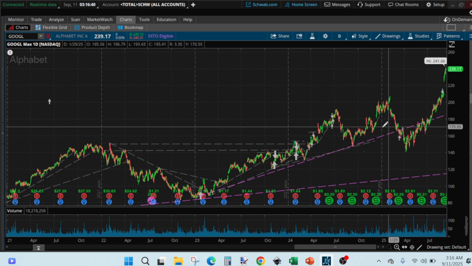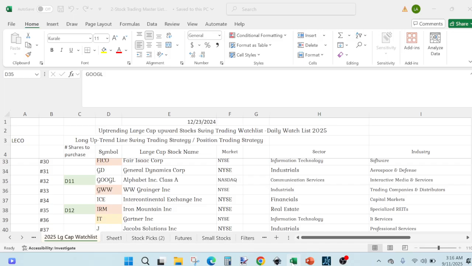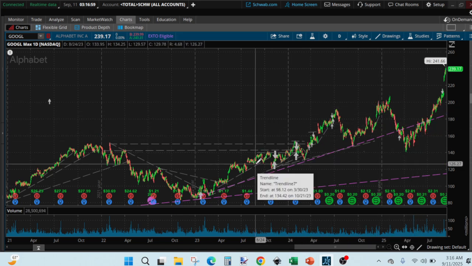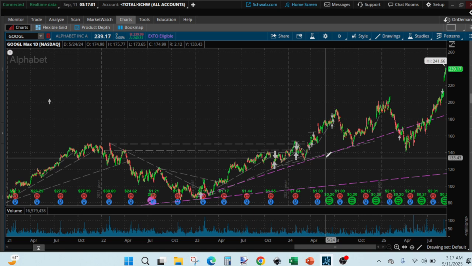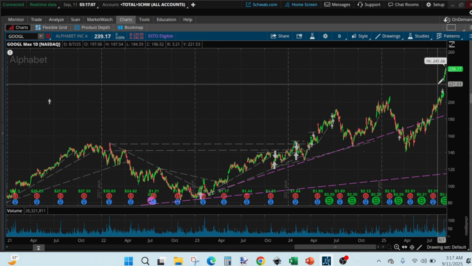So therefore, I prefer to just have a watch list of stocks to constantly trade from, so that I can get to know the stocks that I'm trading, assuming they have a recurring pattern that they follow. And Google is one of those that I feel has a pattern that it follows. It goes down in spring and goes up in fall.